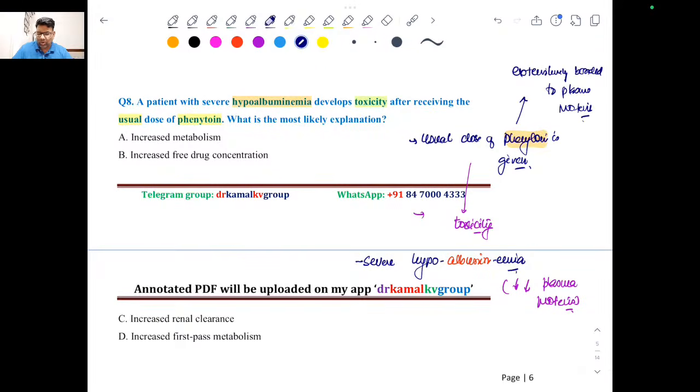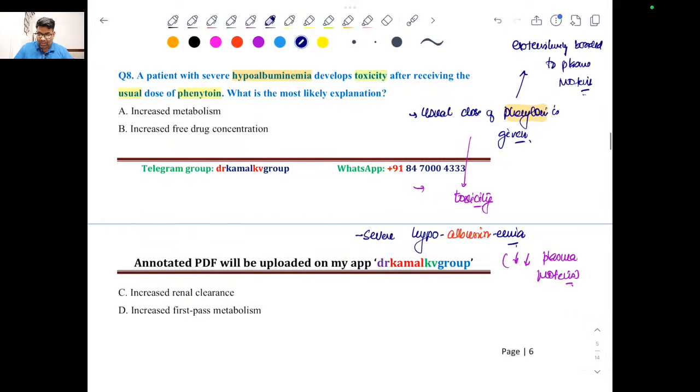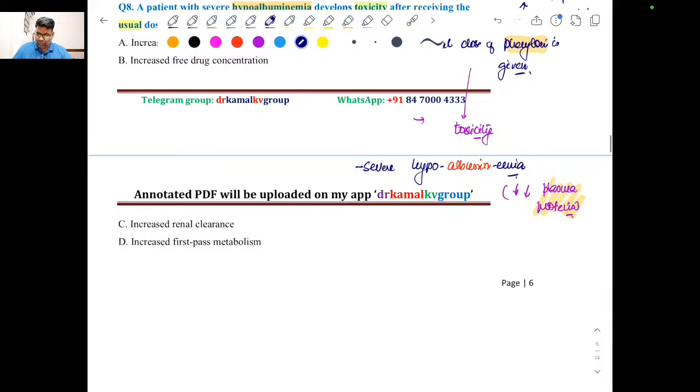So normally it is extensively bound to plasma proteins. Now what will happen if the plasma proteins are less? Then the free fraction of the drug will be more to produce the effect, and therefore the effect will be too much.